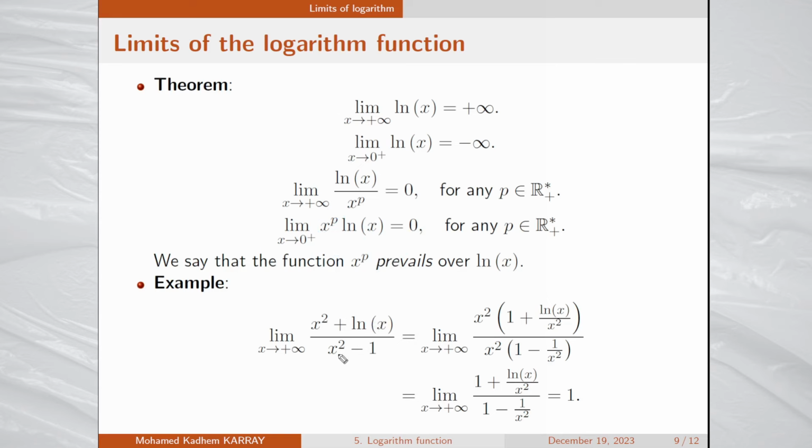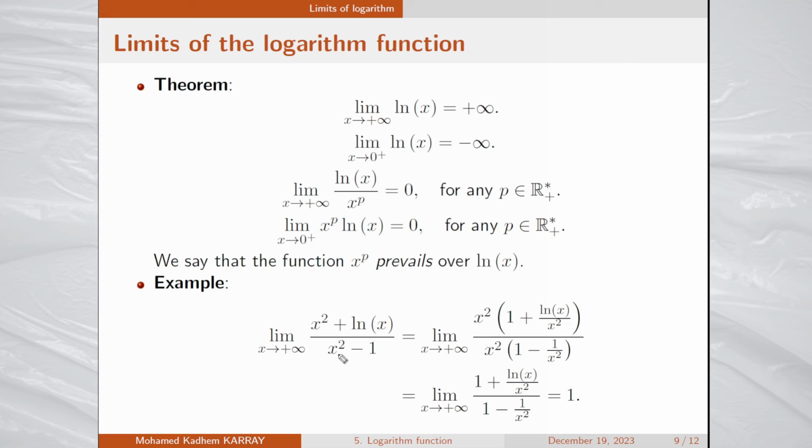By doing this, we see that we can remove x squared, and for the remaining terms, since x squared prevails over the logarithm, this term will go to 0, and this term also goes to 0 as x goes to infinity. So the ratio here has a limit 1. And this ends this example. We can get the limit of such a ratio by factorizing with the strongest term and using the fact that the power of x prevails over the logarithm.